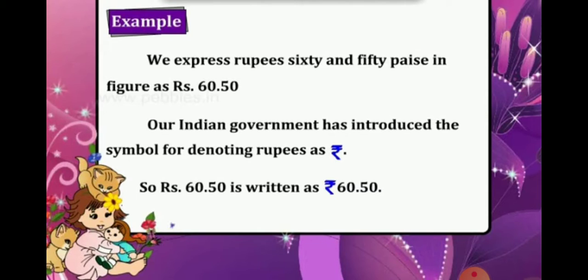Students, do you know that whenever we write money, the two digits which are written at the extreme right denote paise. So here you can easily get that 50 is paise, or you can say 50 paise.